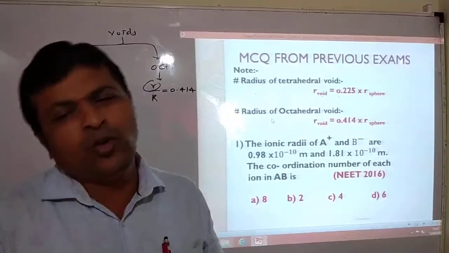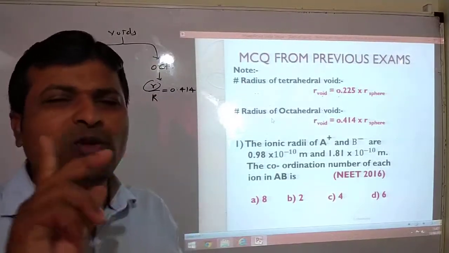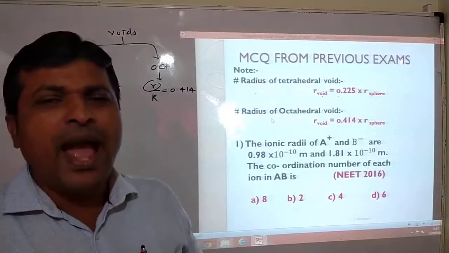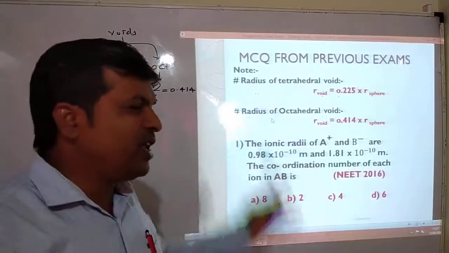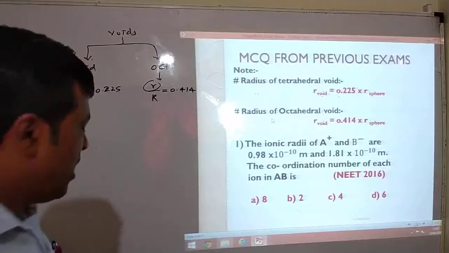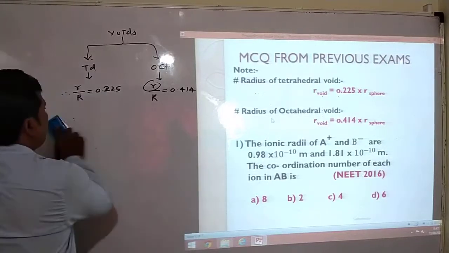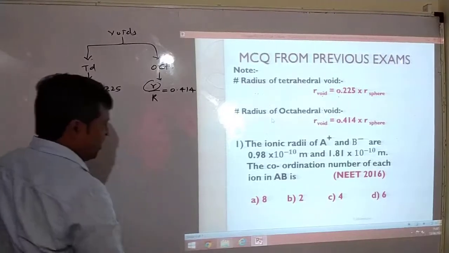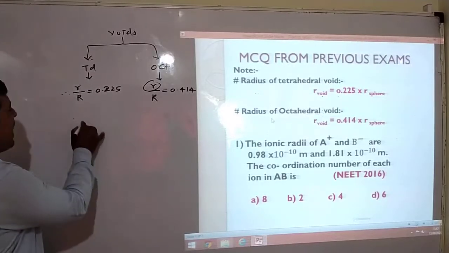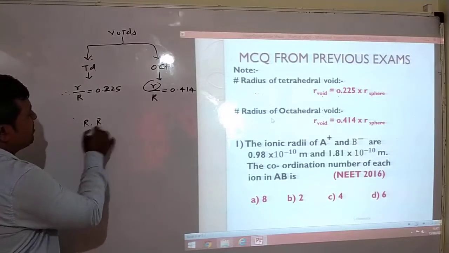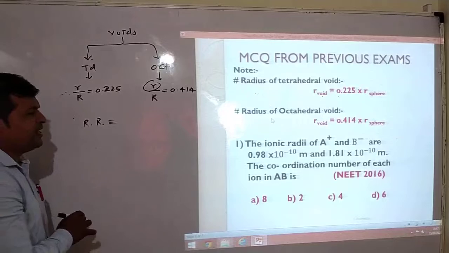So we can calculate the radius ratio, and from the last table we can calculate the coordination number.